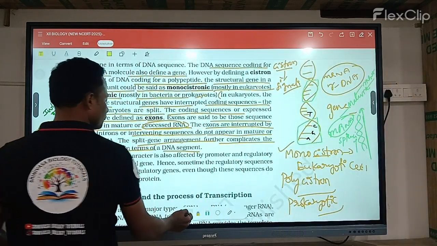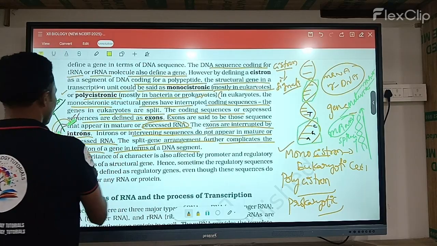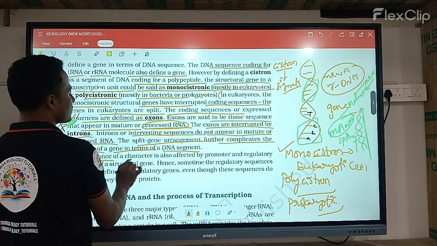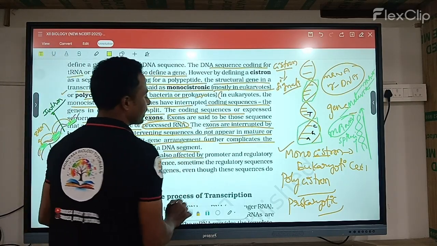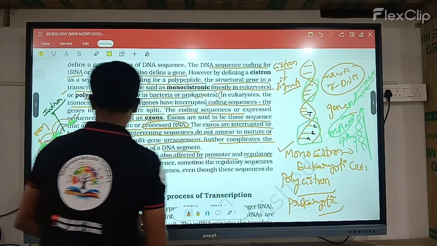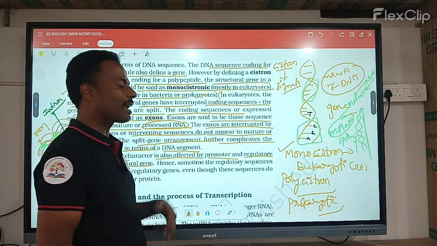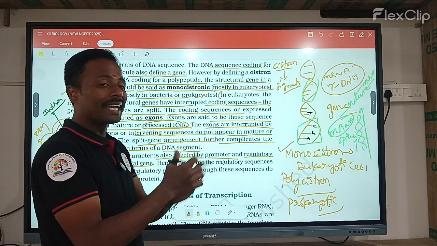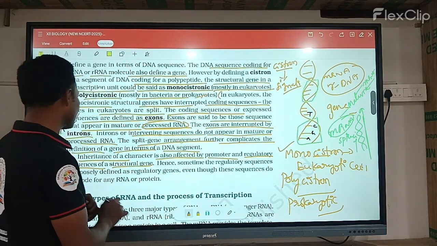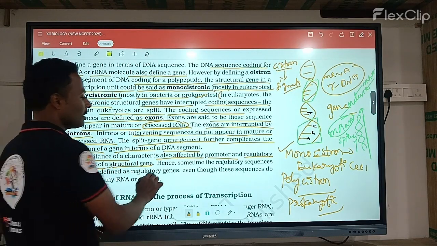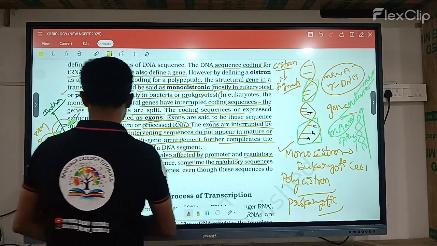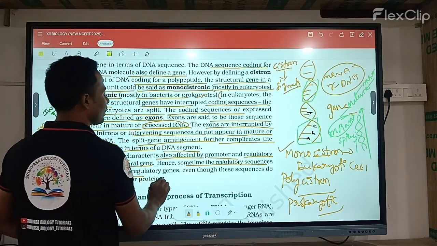Let's see. The inheritance of characters is also affected by the promoter and regulatory sequences of the structural gene. These promoter characters, and where they bind, are affected by their position on the structural gene. Hence, some of these regulatory sequences are loosely defined as regulatory genes.